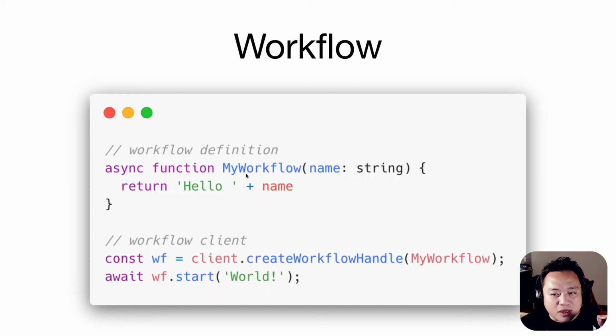And then you can call workflows in workflow clients, and this can be any part embedded inside of your application. Let's say your serverless function or API route handler, where you can say, I'm going to kick off a workflow with these arguments, and that's going to take that argument and process a result. This one in particular is going to say hello world. Okay, so what if you want to do something interesting? You have to act on the outside world.